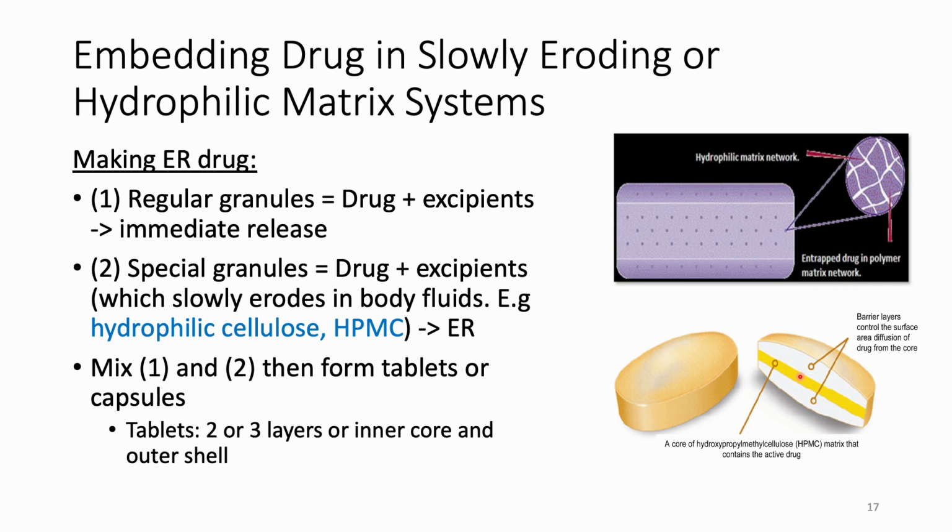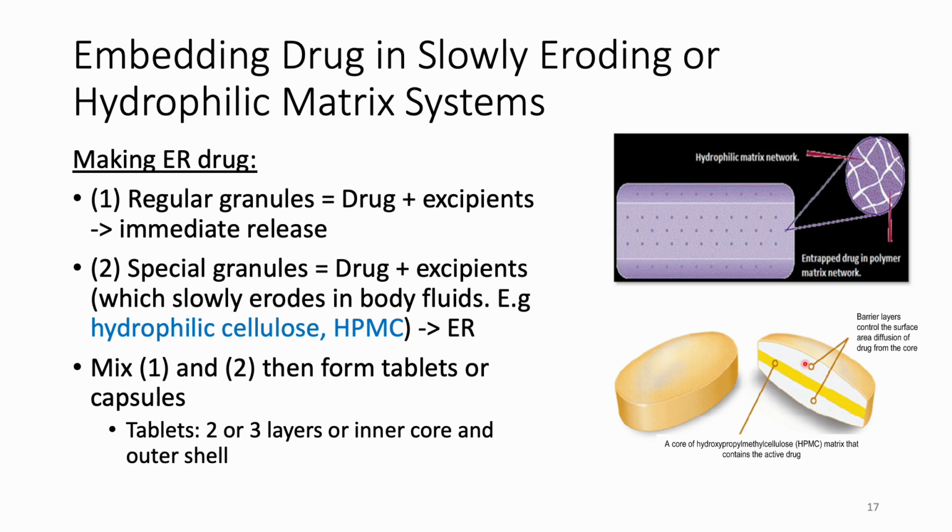The special drug, the drug with special excipient or HPMC excipient, is made like a matrix and contains the active drug in here. And the other layer can be a barrier layer. It controls the surface area diffusion of drug from the core.